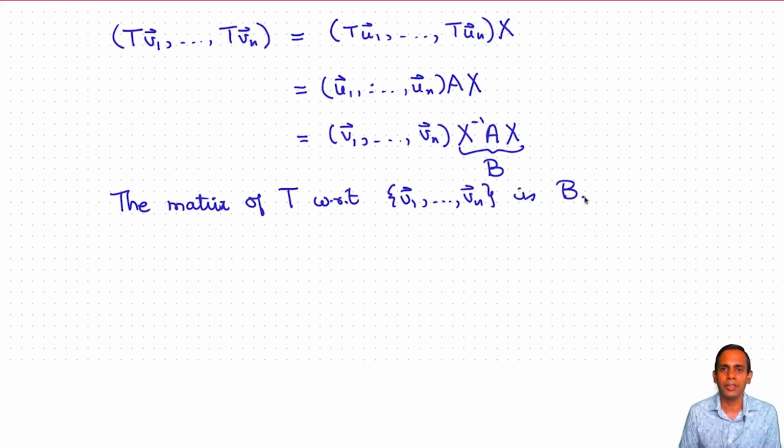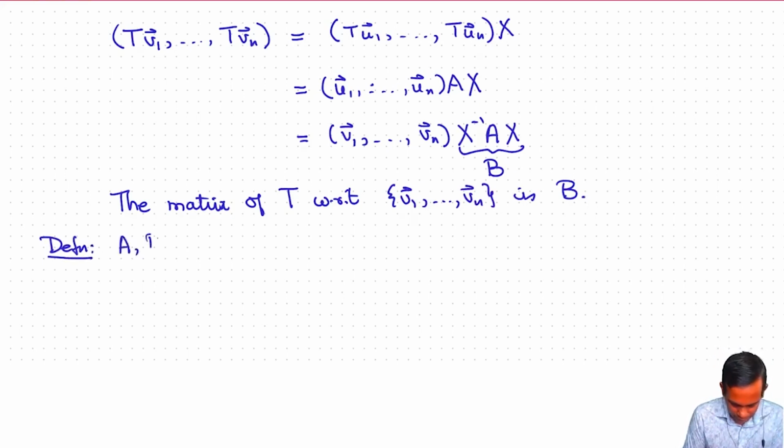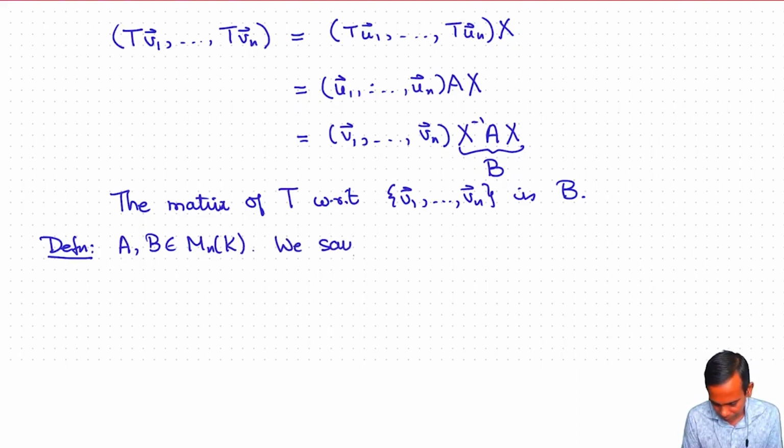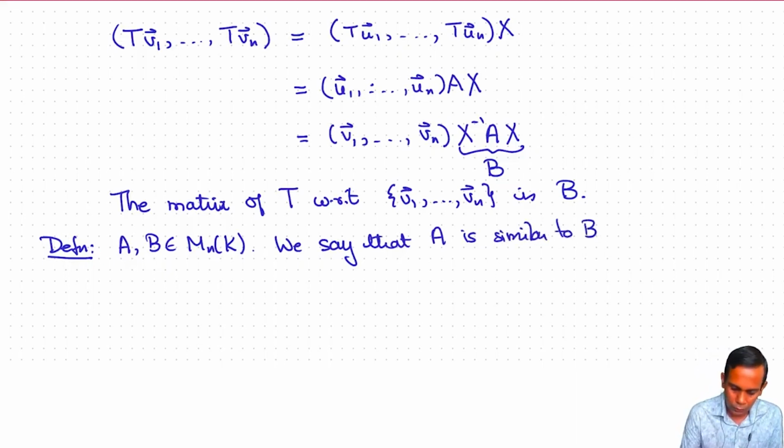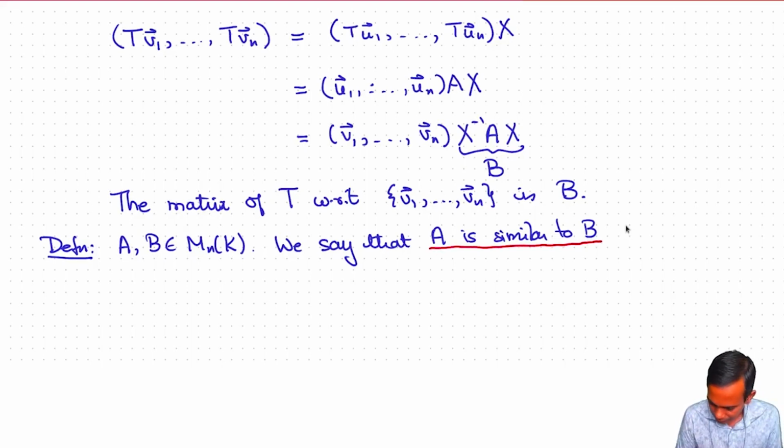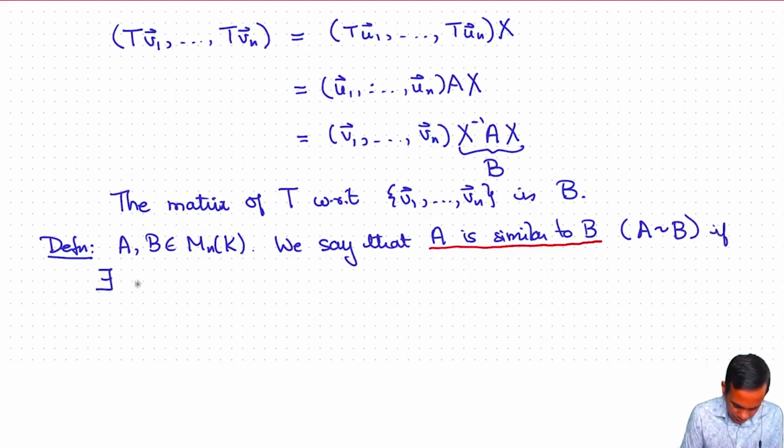And this motivates the definition of similarity. Suppose we have two matrices A, B in M_n(K), n by n matrices over any field K. We say that A is similar to B, and we will use the notation A ~ B, if there exists a matrix X in GL_n(K).